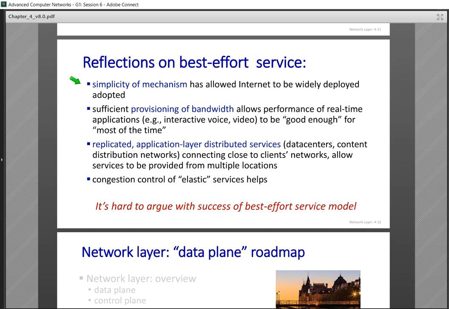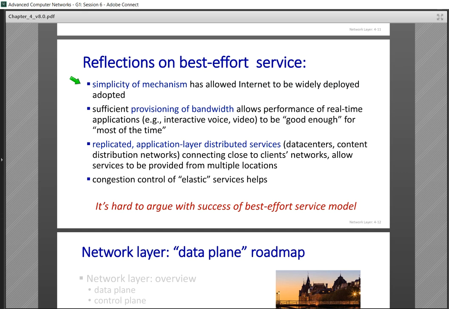Okay? If you look at telecommunication networks, telephone networks, they are extremely complicated. But the best effort service of the internet, of IP, is very easy, very easy. You can develop it widely.